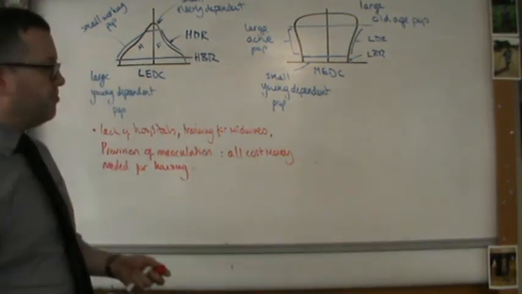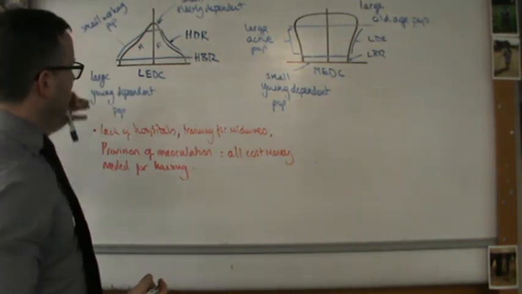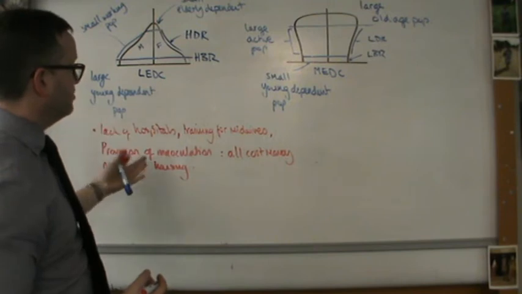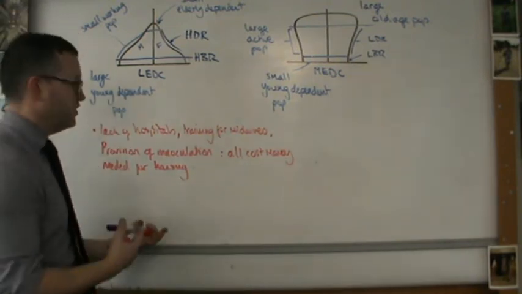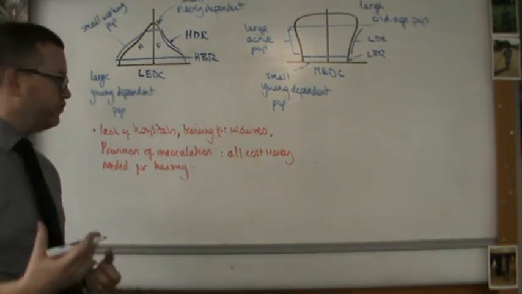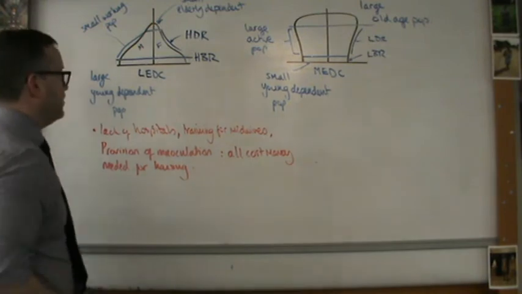This is how to make a point talking about the future problems. There's going to be a lack of hospitals, there's going to need to be more training for midwives, you're going to have more provision of inoculations, all of that costs money, and that money's needed elsewhere. That's a much more rounded point.